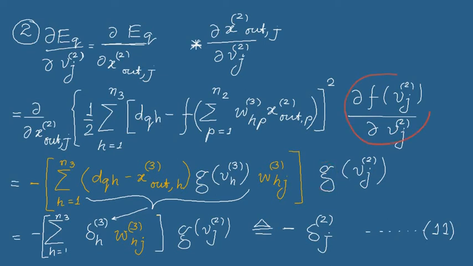So this term is okay. We can write this as g of vj2, and here we need to pay attention that this dqh minus this x q out h can again be written as a weighted sum of inputs of the previous layer, operated on by f, meaning passing through the activation function.